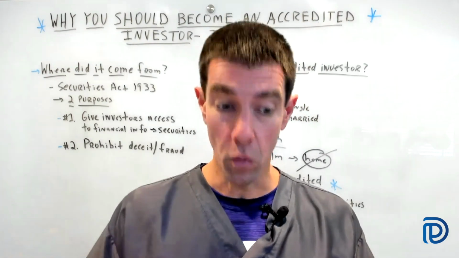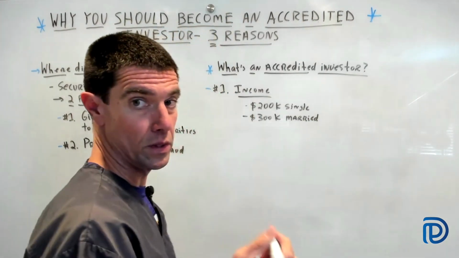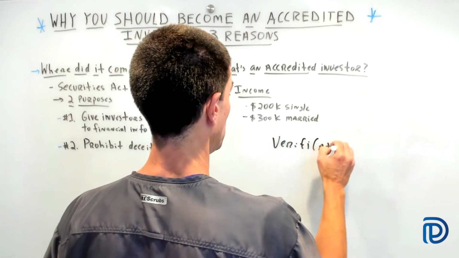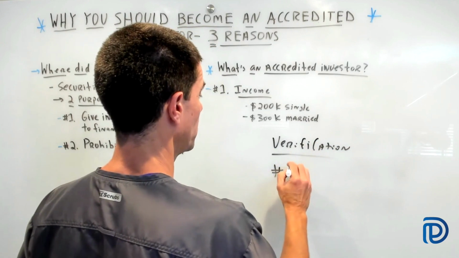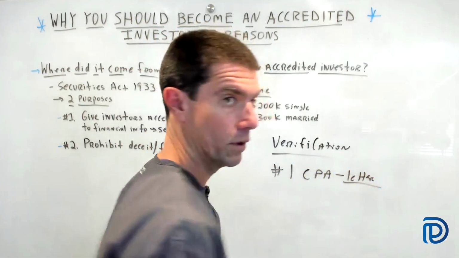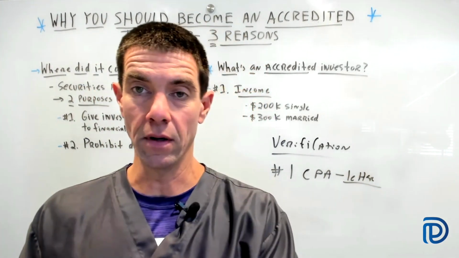A much quicker way to do it. These two ways are kind of the more popular ways for the verification process. You could simply call your CPA and get him to write you a letter that you're accredited. Then you can take that letter and save it on your computer.